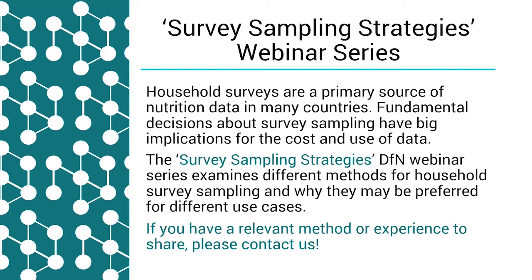So our goal here is to examine different methods for household survey sampling and to understand why they might be preferred in different use cases. If any of you listening have a relevant method or experience you'd like to share, please reach out to us, because we'd love to find a way to share that either via a webinar or some of the other outlets we have through Data for Nutrition.